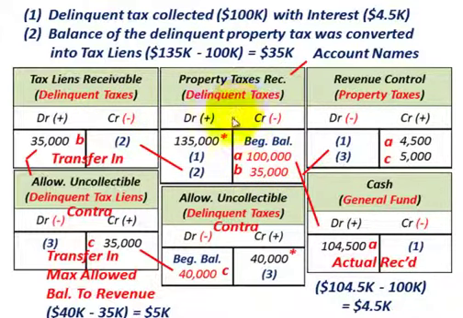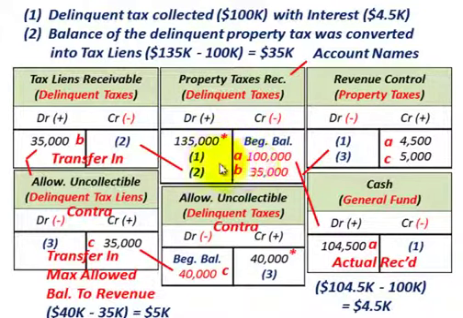Looking at our remaining balance that is going to tax liens, we have $135,000. We reduced it by $100,000 for the receipts on those property taxes, so we're sitting with $35,000 remaining in our account.